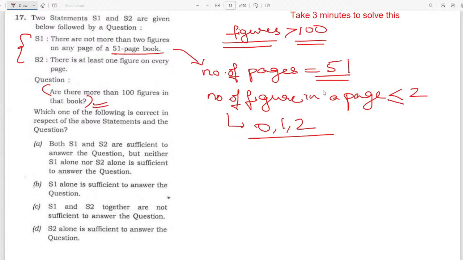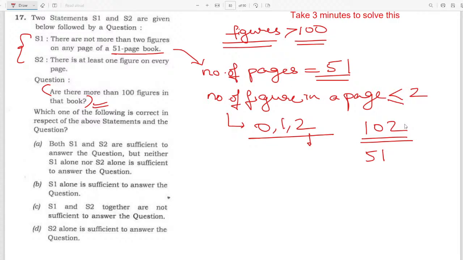If the number of figures in a page is 2 and there are 51 pages, then clearly it would be 102. So clearly the figures would be greater than 100. But if it is 1, then the number of figures is 51, so the figures are less than 100.